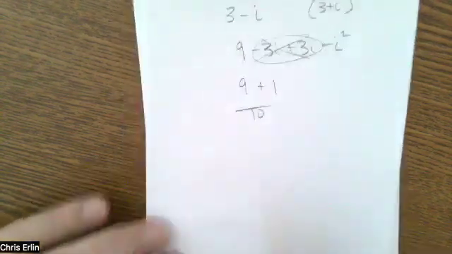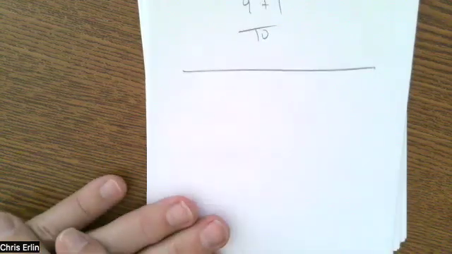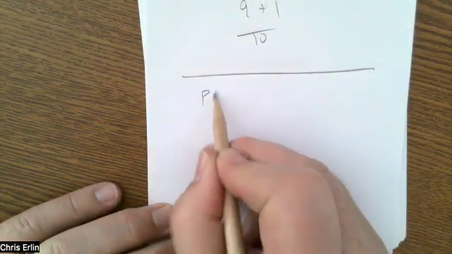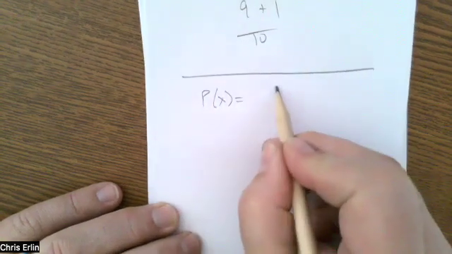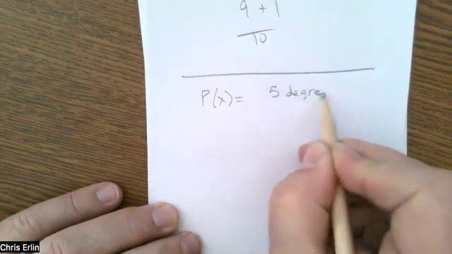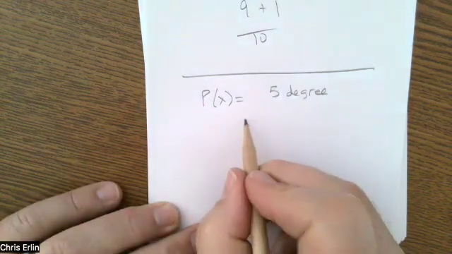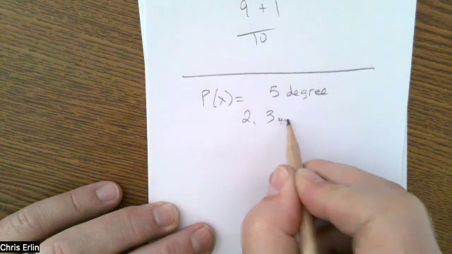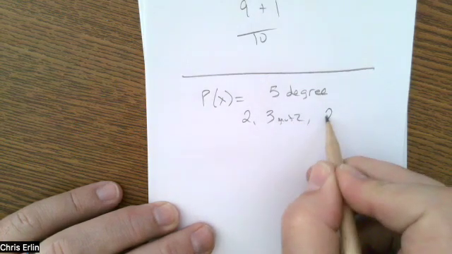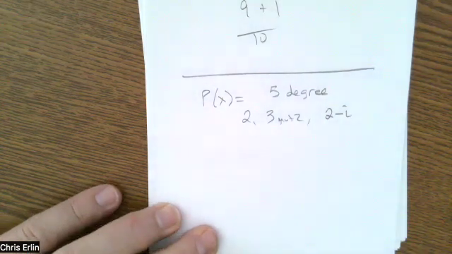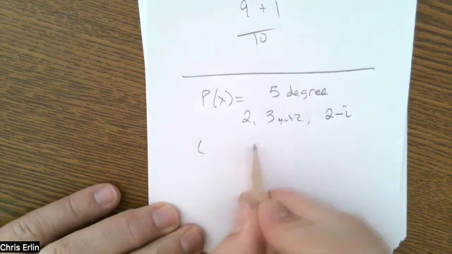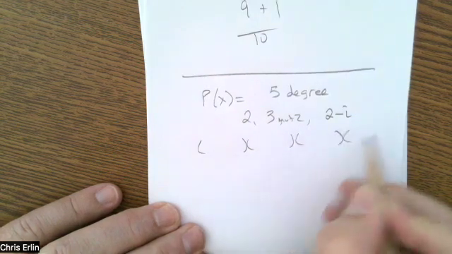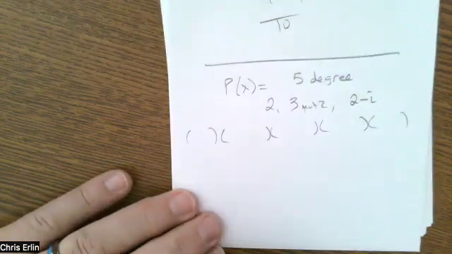What we're working towards is this idea that if I give you the zeros of a polynomial, let's say that I tell you that the polynomial is a 5th degree and that it's got roots of 2, 3 with a multiplicity of 2, and then 2 minus i. What we're working towards is your ability to say, okay, I can produce that polynomial in factored form.